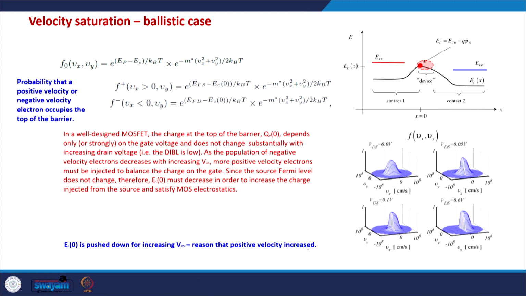In general MOSFETs, the velocity saturates because of collisions, but in ballistic MOSFETs it is not due to collisions; it comes from the electronic structure distribution of velocities in the MOSFET at the top of the barrier. So that's what we discussed.